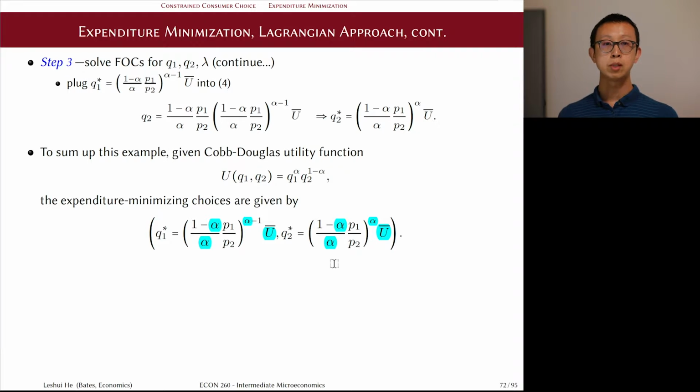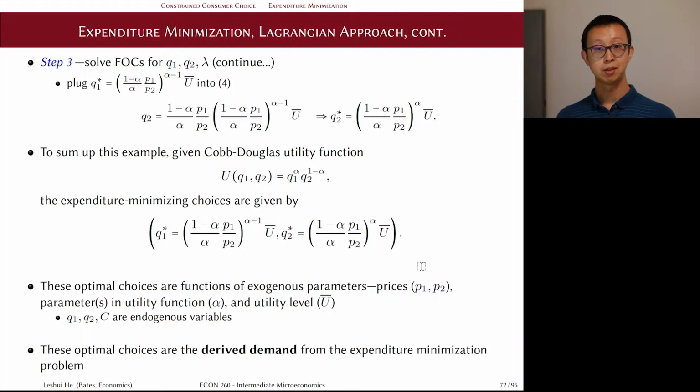In other words, once you tell me what the prices P1, P2 are, what the target utility level I have to reach is, and what the preference parameter alpha is, these functions immediately tell you the optimal choices in quantities that will minimize the expenditure for this particular consumer.